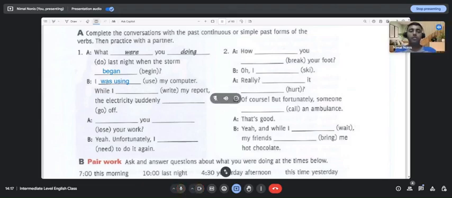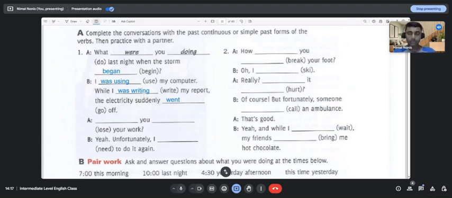While I was writing my report, the electricity suddenly went off. The electricity suddenly went off.